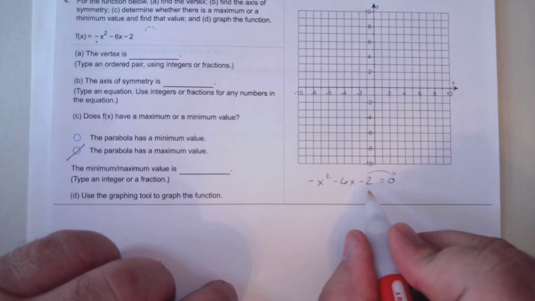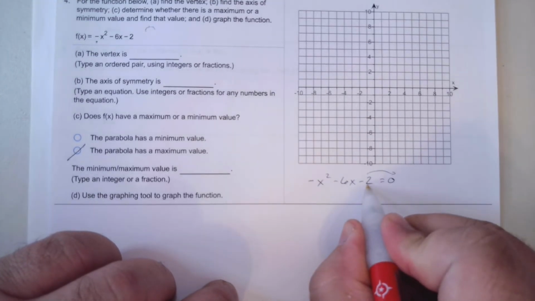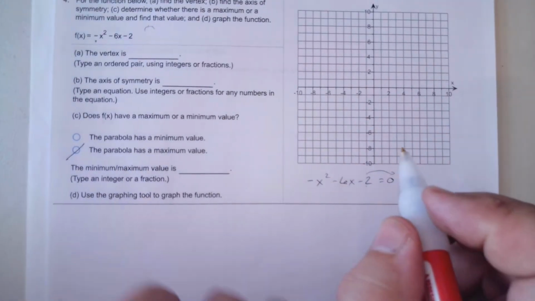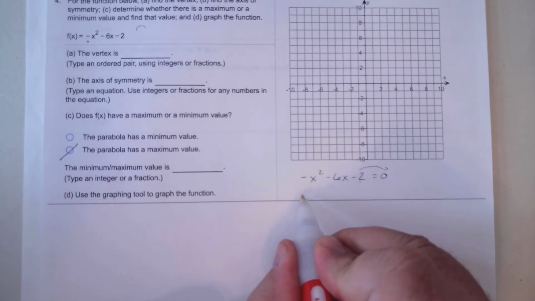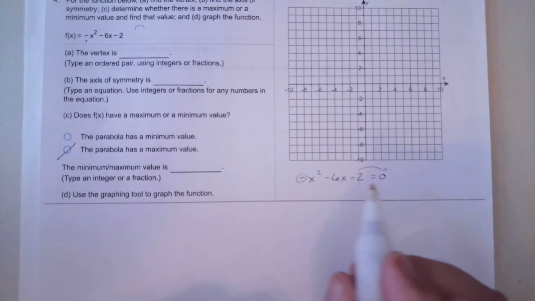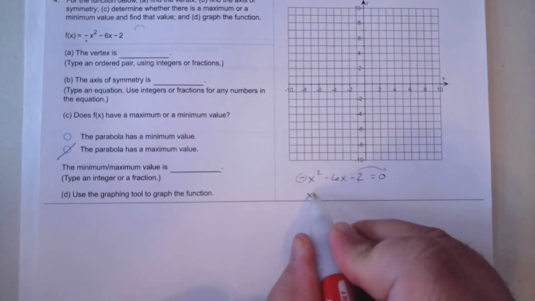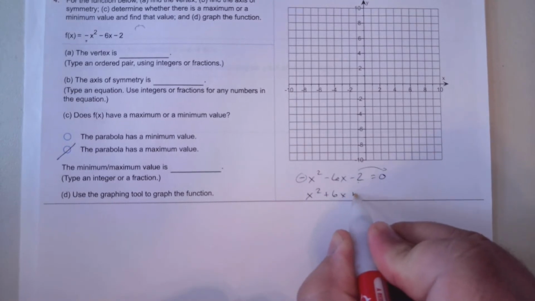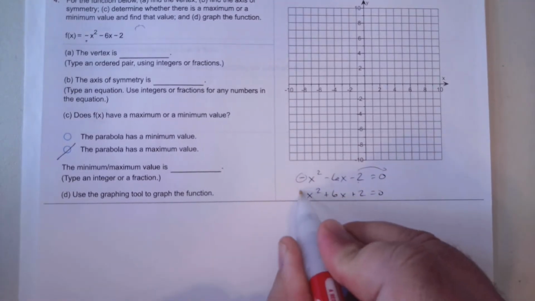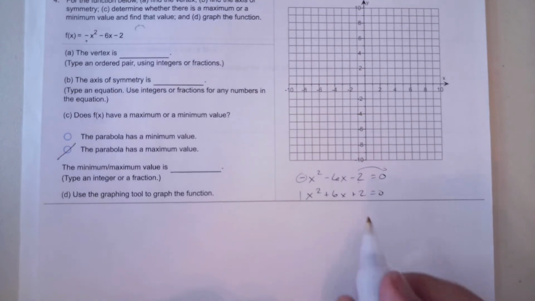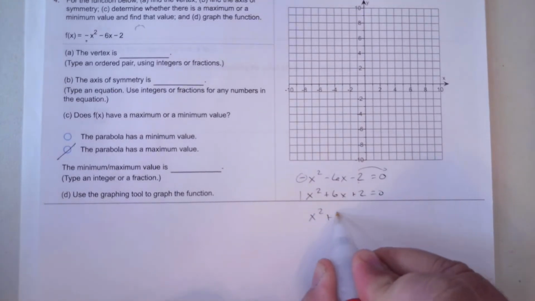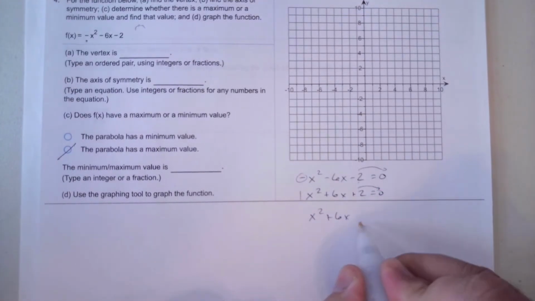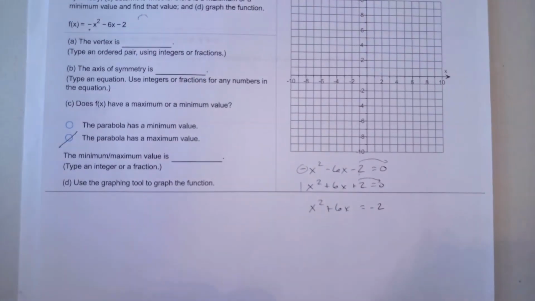Well, let's see if we can factor this. No, can't. But what times what is 2 and you subtract and get 6? Can't work. So, alright. Well, first off, because that's a negative, we got to change everybody's sign. Because remember, the coefficient has to be 1. So x squared plus 6x, move the 2 to the other side, becomes negative 2.